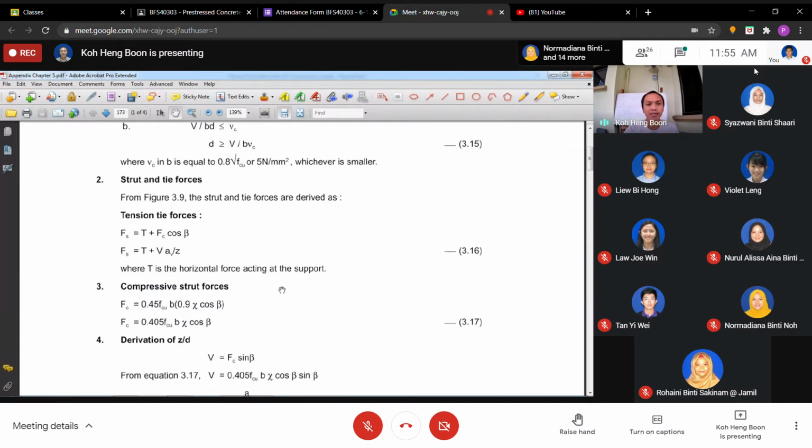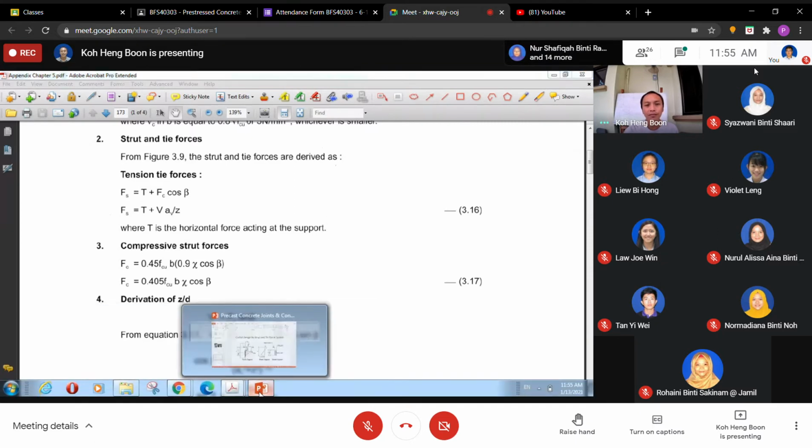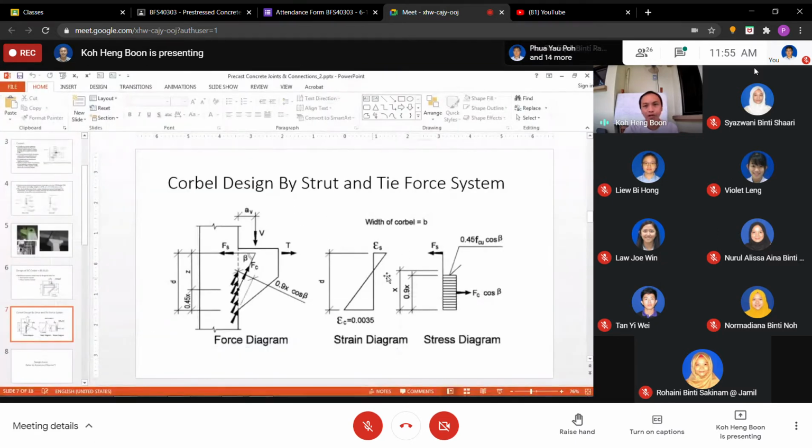So for the compressive strut forces, just now I mentioned the simplified rectangular stress block, 0.45 FCU, multiplied by what? Here the neutral axis is X. In British standard, we base on 0.9x. In Eurocode, it is based on 0.8x, and Eurocode is based on FCK.